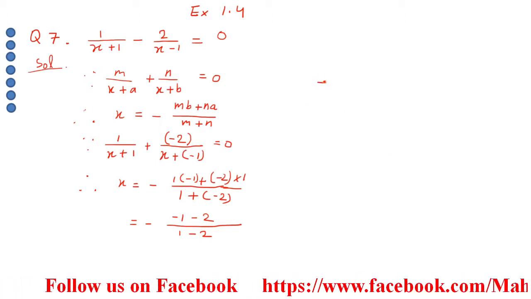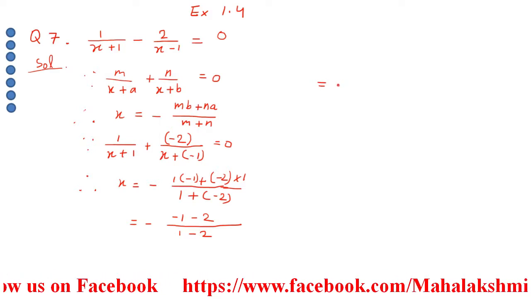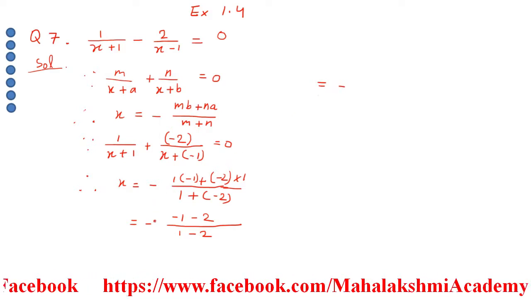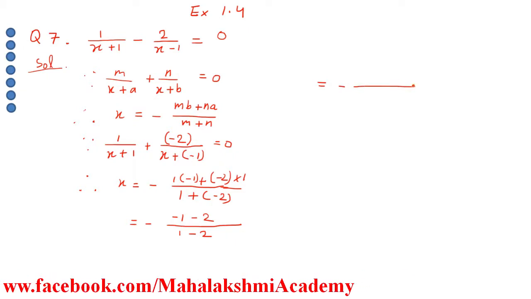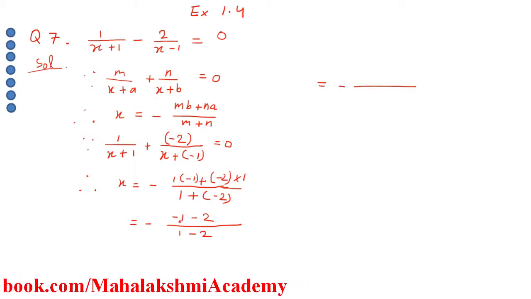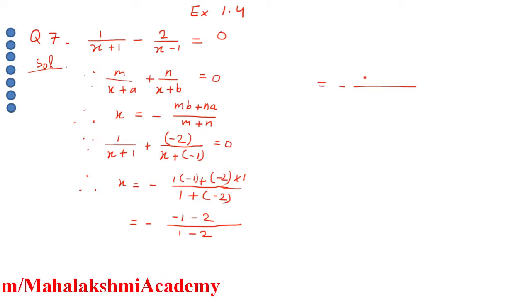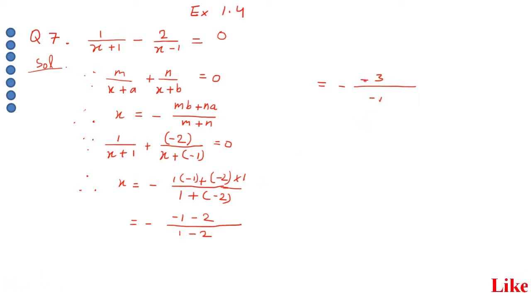You will get this minus sign I am writing here, then the long line, then minus 1 minus 2, that we will get as minus 3. Then in the denominator we have 1 minus 2, so you will get minus 1. Now this minus and this minus will cancel, so you will get finally minus 3.